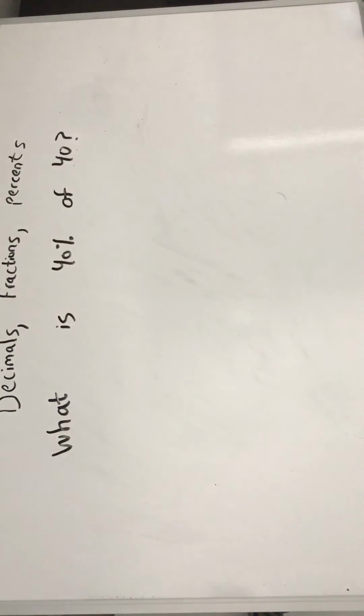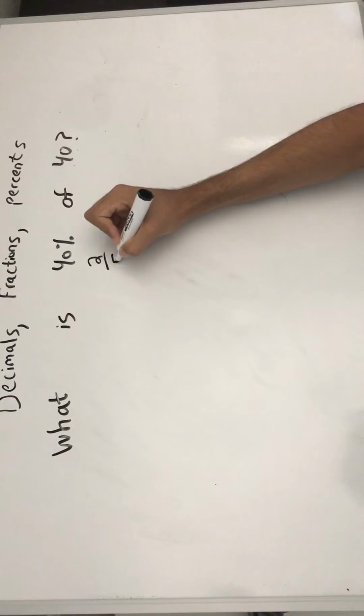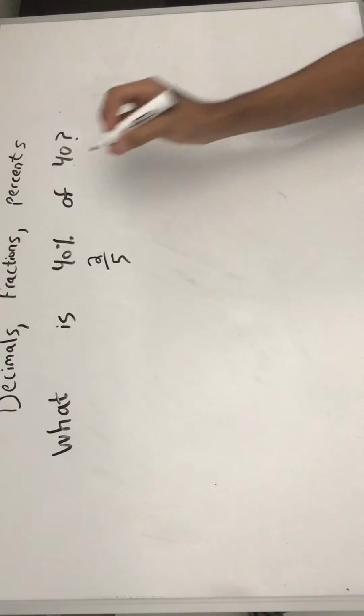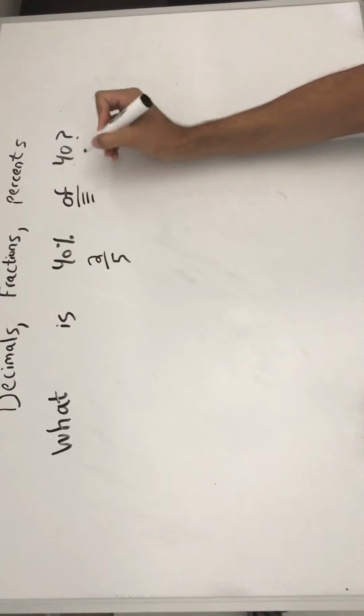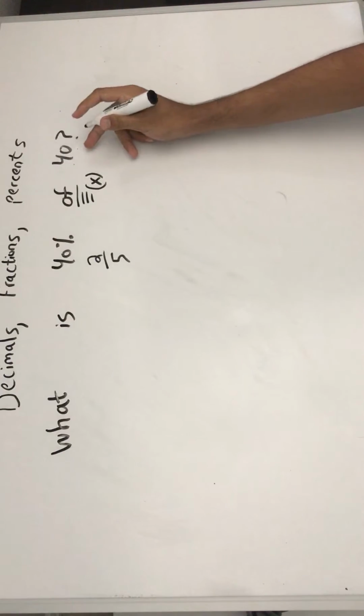Well, if you're given something like this, what is 40% of 40? You have to think that 40% you can write as a decimal or a fraction. So if we know that 40% is 0.4 as a decimal, which is 2/5 as a fraction, we can write 2/5 here. Whenever you have these problems, you always want to remember that of means multiplication. And then 40 is just 40.